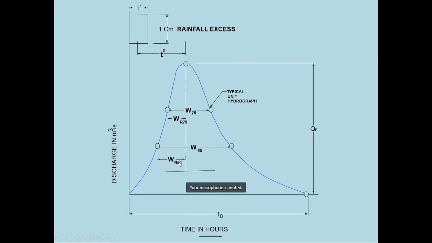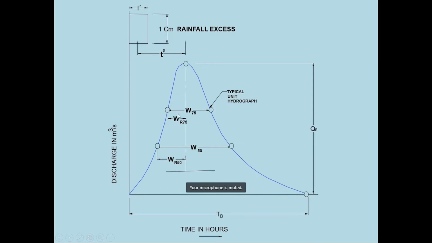Why these values are necessary, I will tell you. Similarly, at 75% of the discharge, means 0.75 QP, the width will be W75, and the rising limb will have WR75.